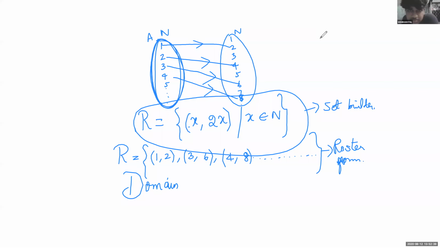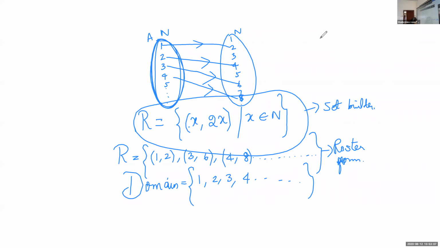The first elements in the ordered pairs form the domain. So we get the domain as 1, 2, 3, 4 and so on.